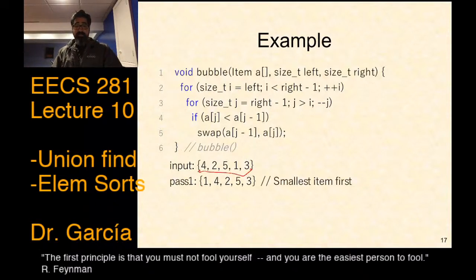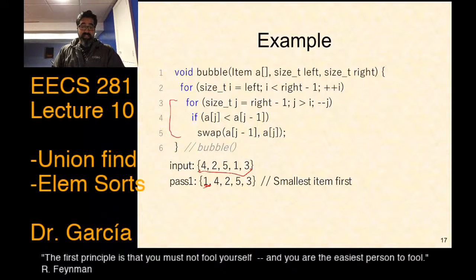That means that on the first pass, it doesn't specifically pick it, but it does so by way of the swaps that you have in that inner loop. It will take the 1 and move it to the left all the way down to the first position. Okay.